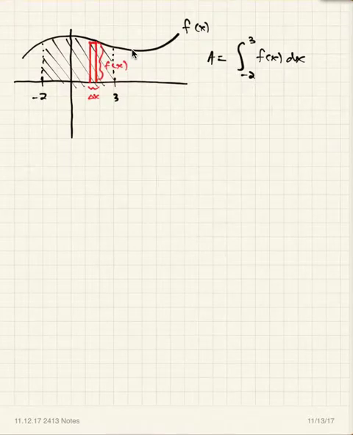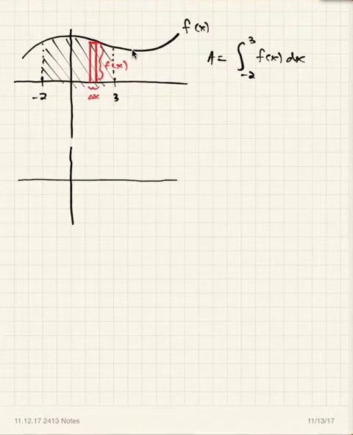All right, so now what happens if the region that we're talking about is below, or partly at least below, the x-axis? So let's say we have a curve that is a parabola, and let's say it crosses at x equals 2, and then again at 8 right here, so it has intercepts at 2 and 8, like so.